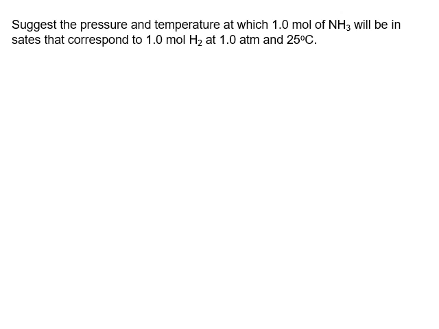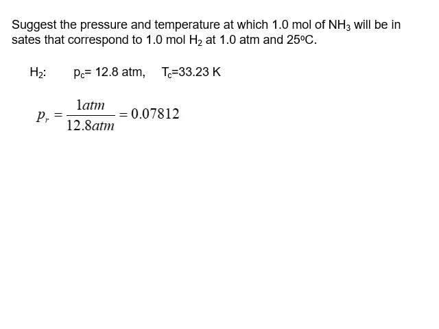Corresponding state means they have the same reduced temperature and reduced pressure. So we need to look at hydrogen, find the critical pressure and critical temperature, and then calculate reduced pressure and reduced temperature. So that's for hydrogen.